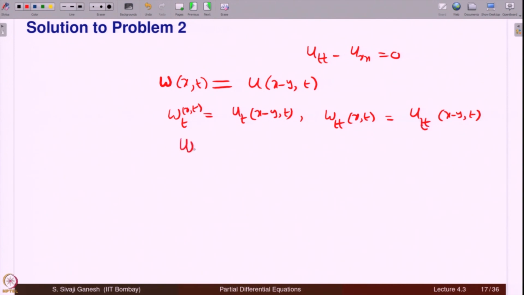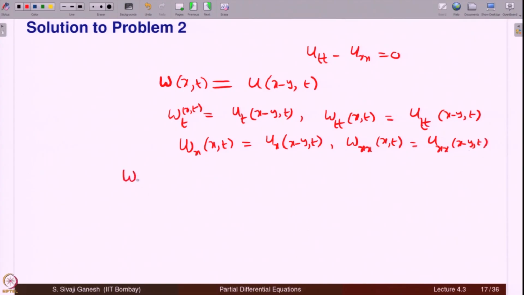Similarly, wx at x,t is ux, this y does not play any role, it is just translation, at x minus y comma t, and wxx at x,t is uxx at x minus y comma t.